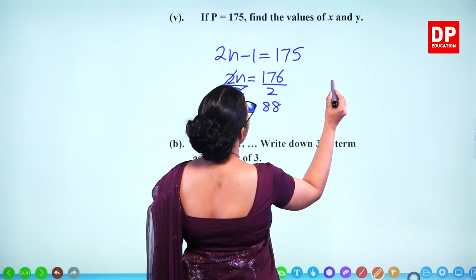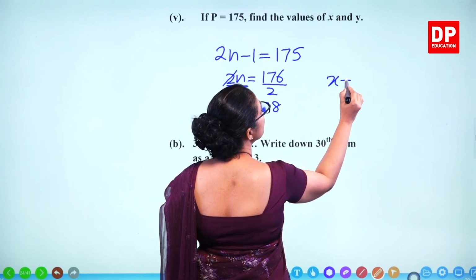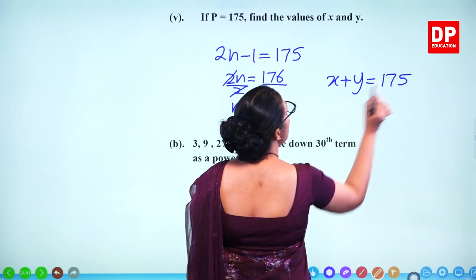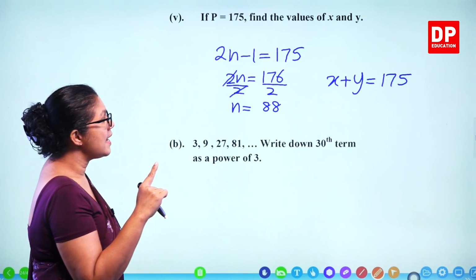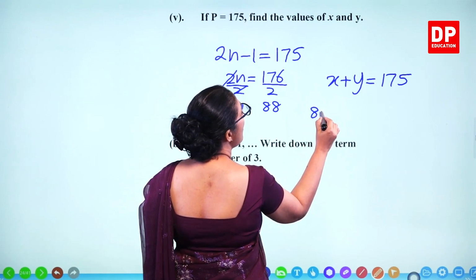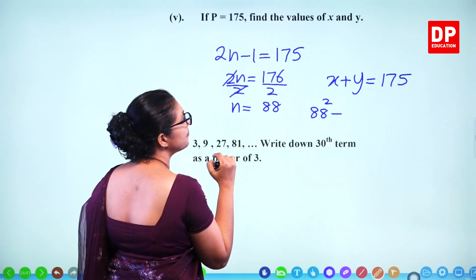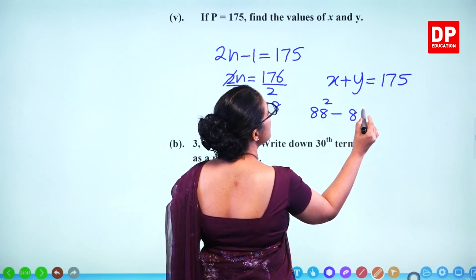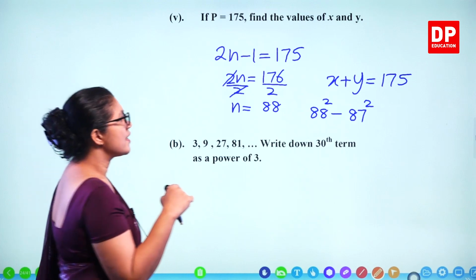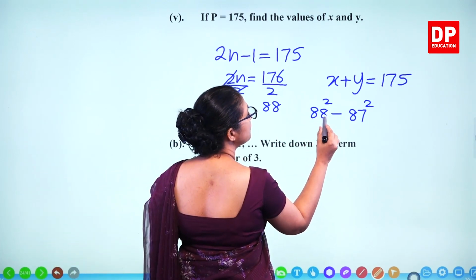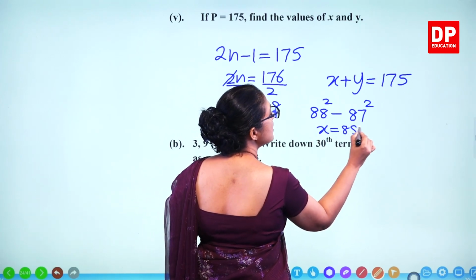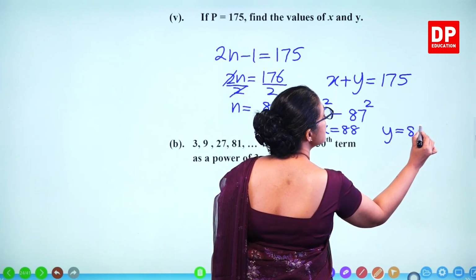So you get x plus y equals p, 175, and n is 88 means what's the two numbers? 88 squared minus 87 squared. Those are the two values, x and y. So x equals 88, y equals 87.